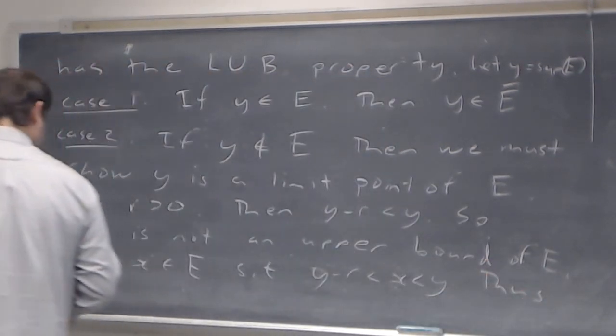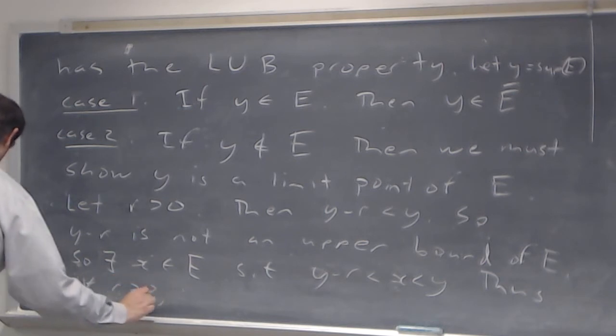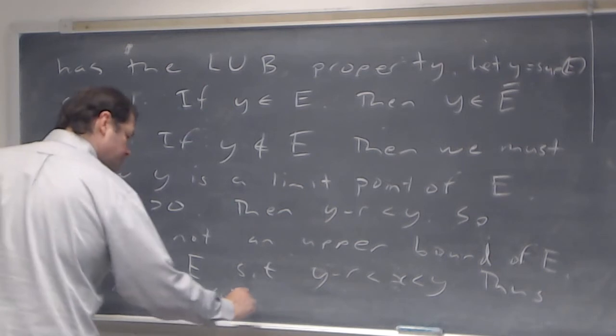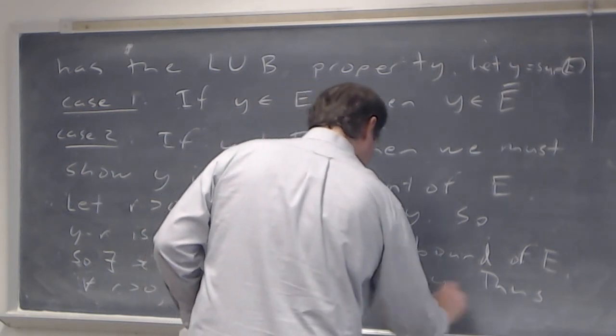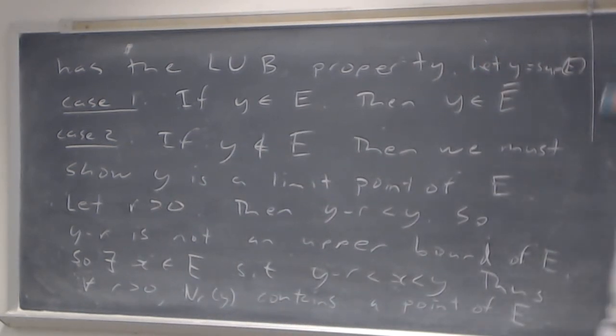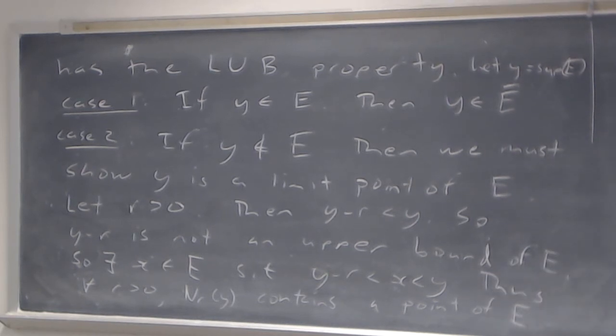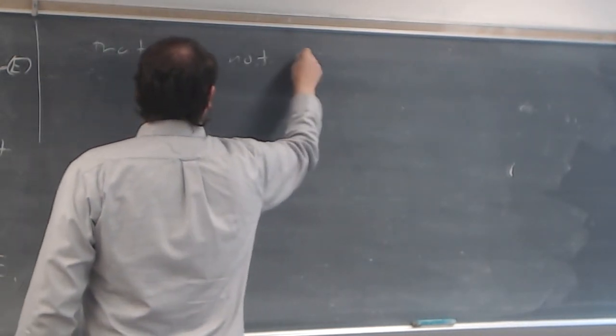Thus, for every r greater than 0, the neighborhood N sub r of y contains a point of E, this x, that is not y.